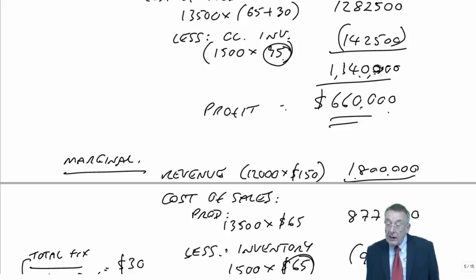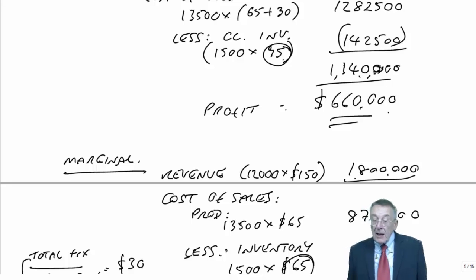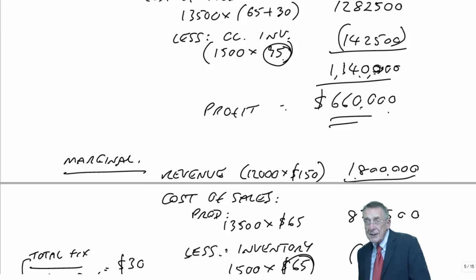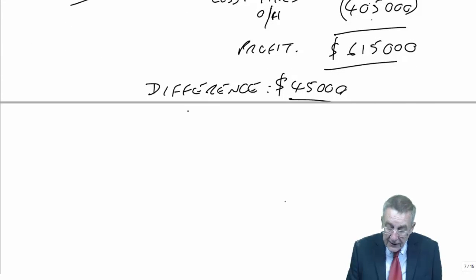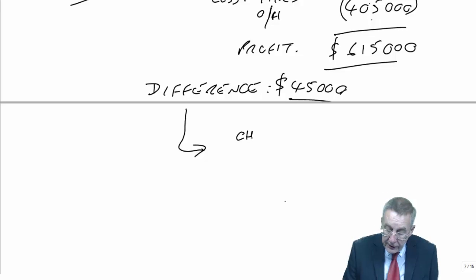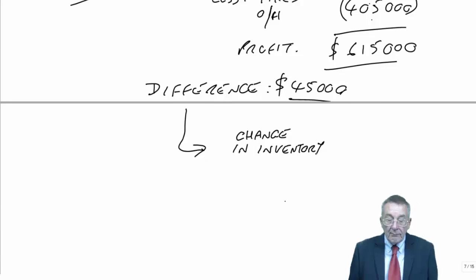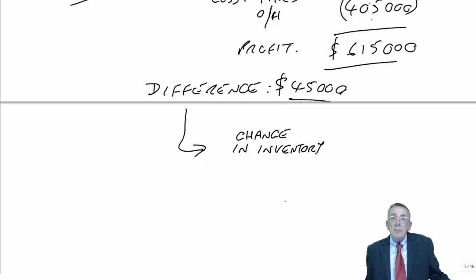And of course, why has the inventory been valued differently? It's because in the case of absorption, it includes fixed overheads. In the case of marginal, it doesn't. And so the difference in the profits is always equal to the change in inventory times the fixed overheads per unit. In our question, although I'd assumed when I set them up opening inventory was 0, it didn't actually matter.